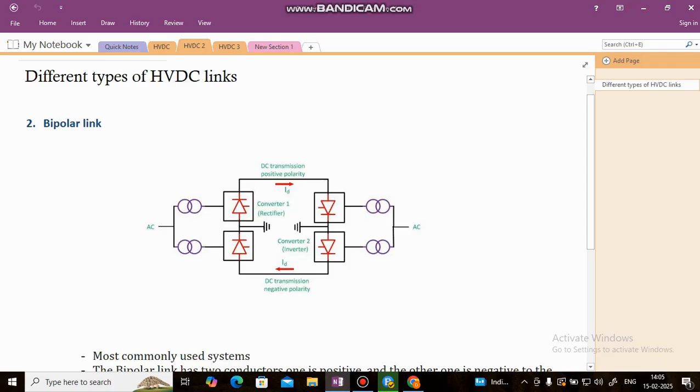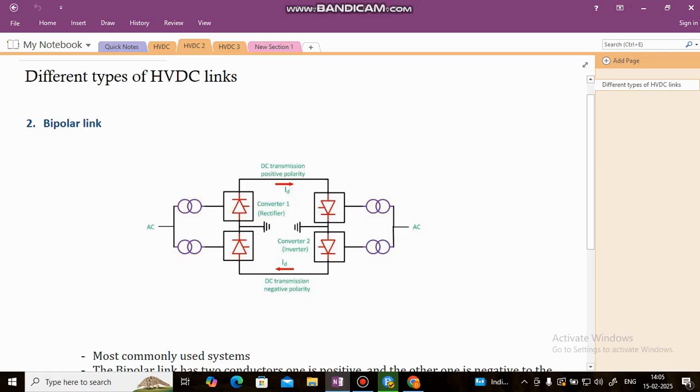So this is the main advantage of bipolar link, that its reliability is high. One more thing is that the power transfer capability of monopolar link was very less, because there was only one conductor to transfer the power. But here in bipolar link, its power transfer capability is just double.